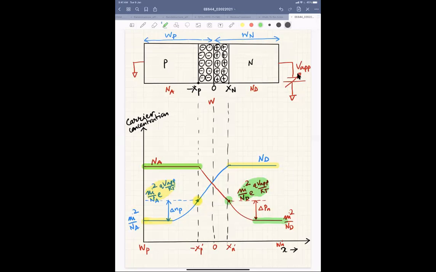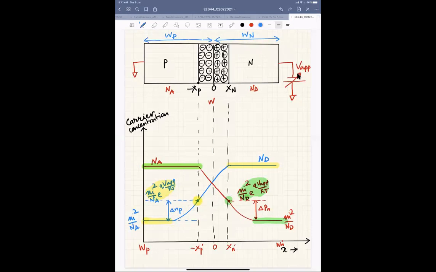So if you see, there is a concentration gradient here. Basically, I had ni square by Na number of electrons at the edge of the depletion region. Because of the applied voltage, it has increased to ni square by Na into e to the qVr by kT.